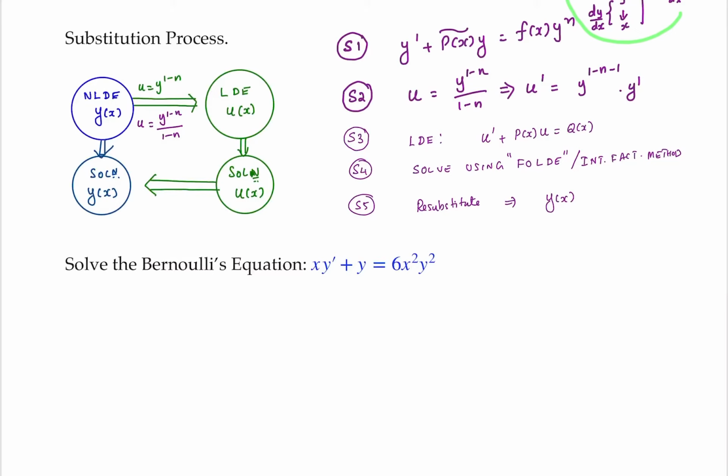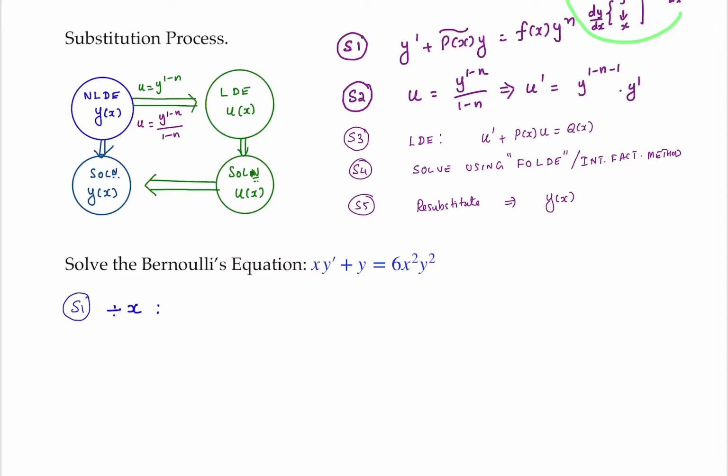How do we solve that? So step number 1, this is not already in that form. So what I'm going to do is first transform this into the standard Bernoulli's form. To do that, I'm going to divide the entire equation by x.